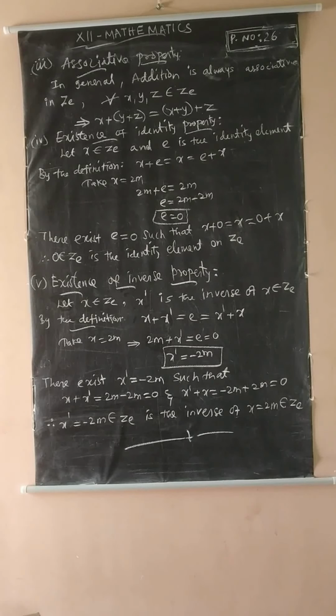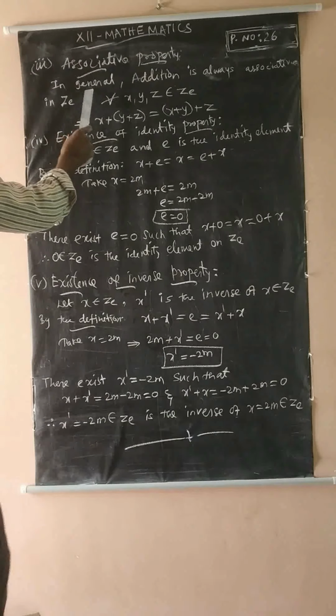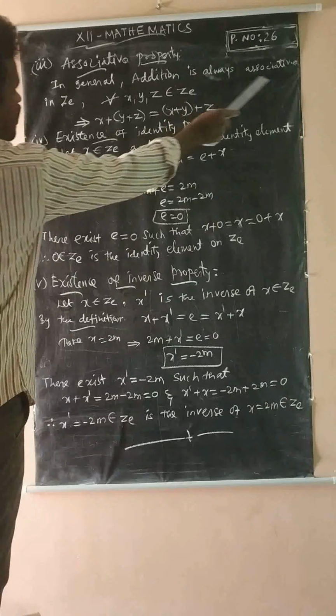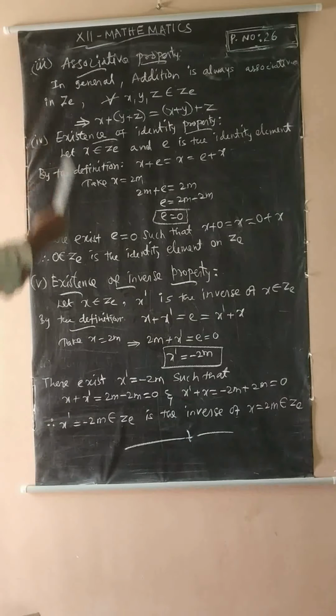Okay students, now the third property, associative property. In general, addition is always associative in the set of all even integers.